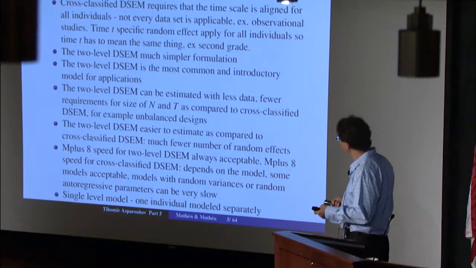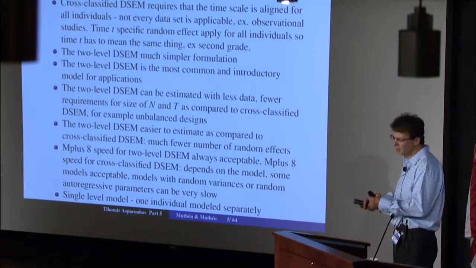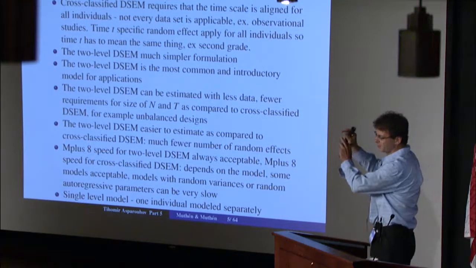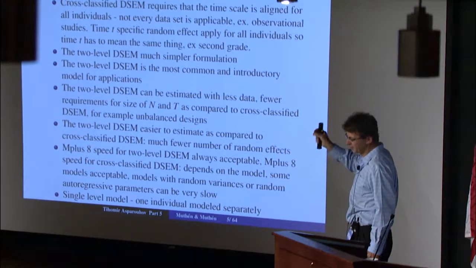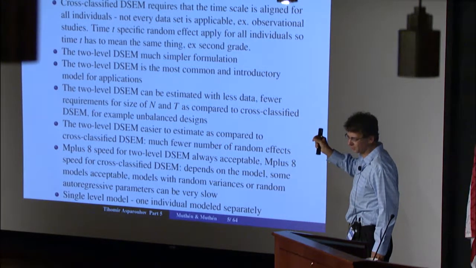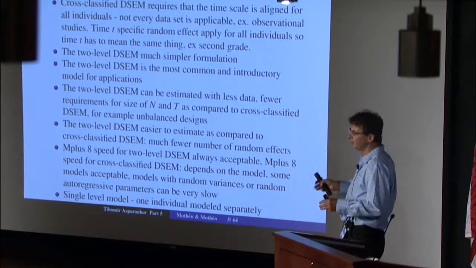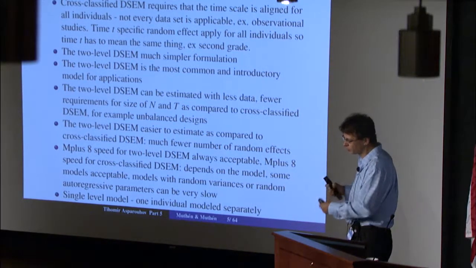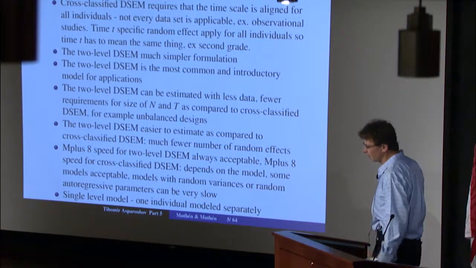When you have an unbalanced design, say a particular individual is observed for a very long time, then for these later points in time you only have very few observations to estimate these time-specific effects. So cross-classified models work better when you have multiple observations at each time point, so you can estimate well the random effects specific to that time.